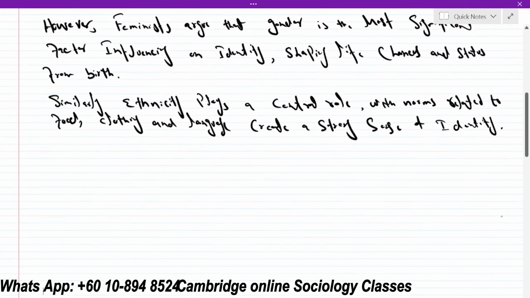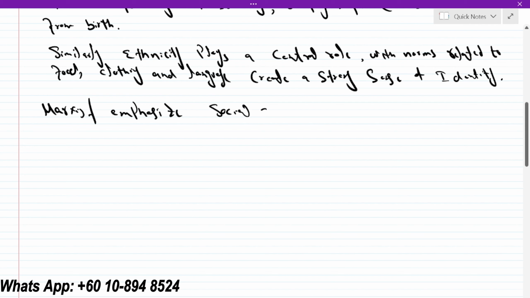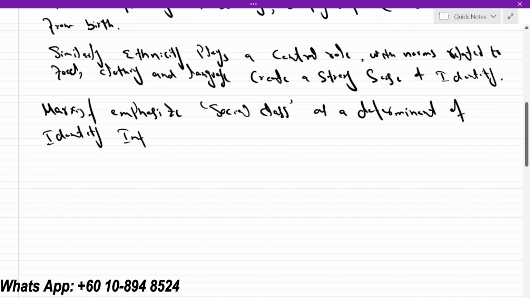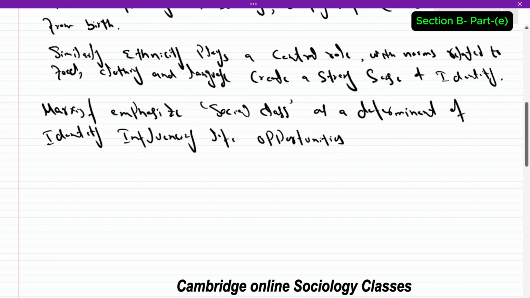Now, let's add a few Marxist perspectives. Marxists emphasize social class as a determinant of identity, influencing life opportunities and societal roles.